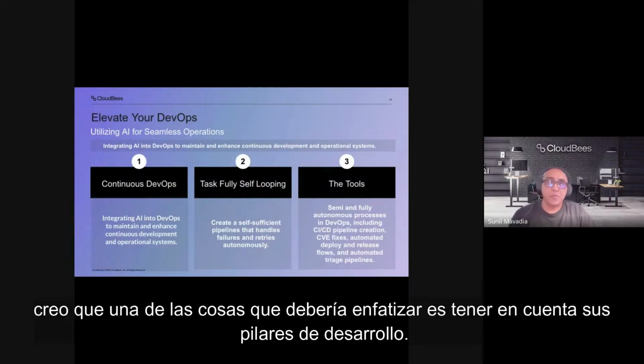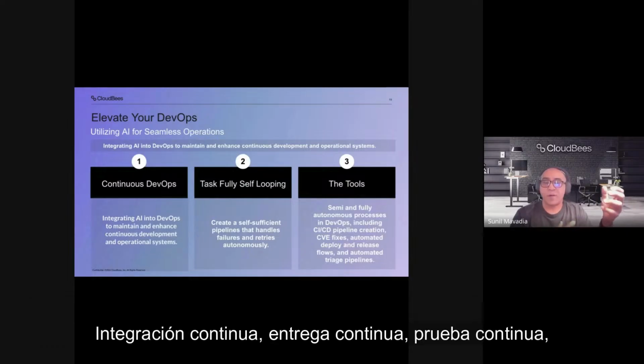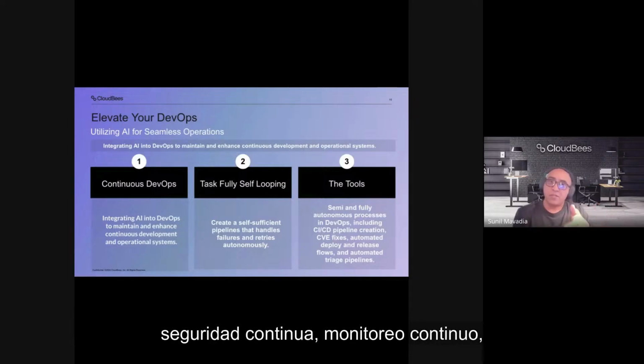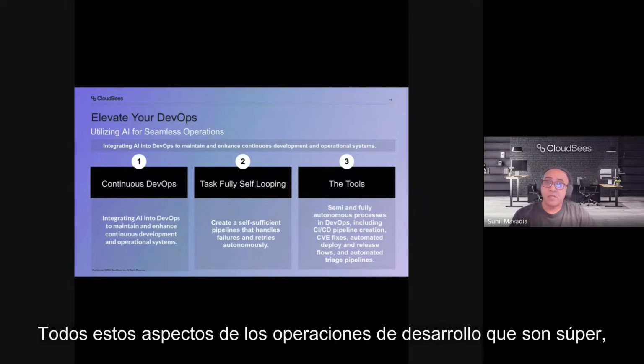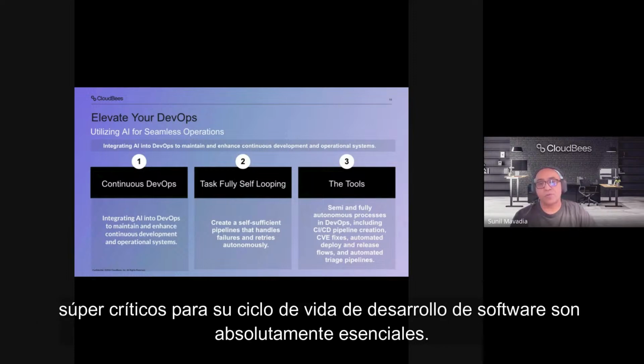So to summarize, I think one of the things that I should emphasize is that keep your pillars of DevOps in mind: continuous integration, continuous delivery, continuous testing, continuous security, continuous monitoring, release orchestration, and then metrics. All these aspects of DevOps that are super, super critical to your software development lifecycle are absolutely essential.